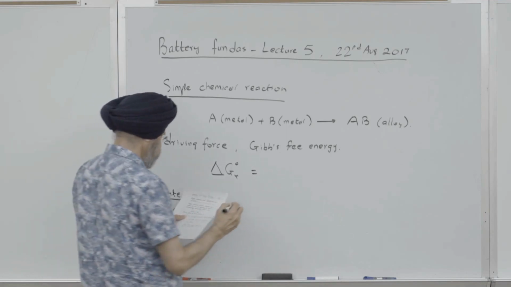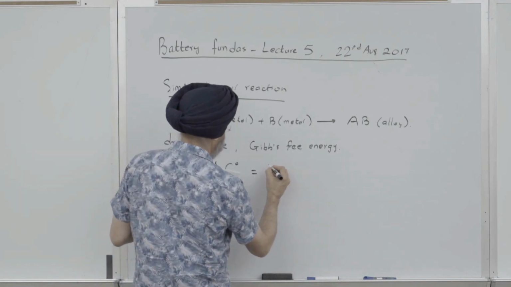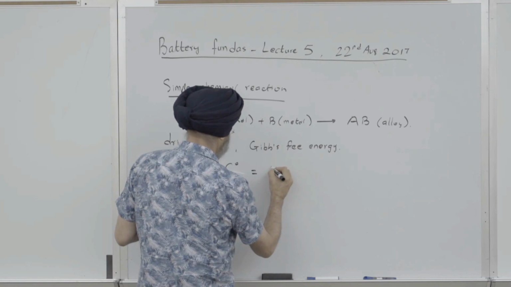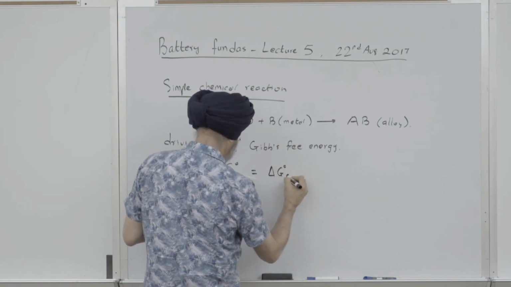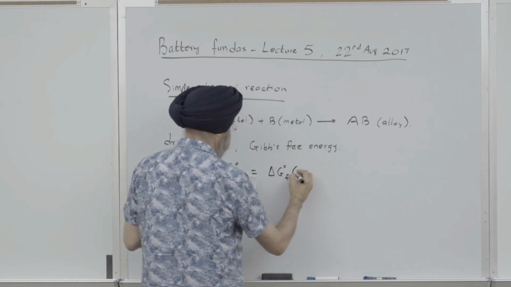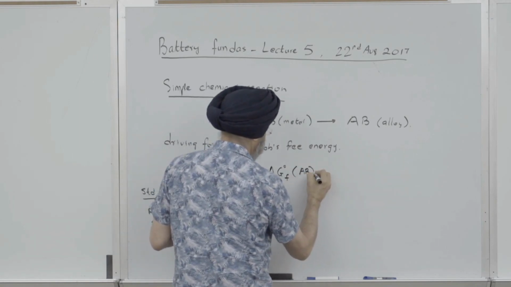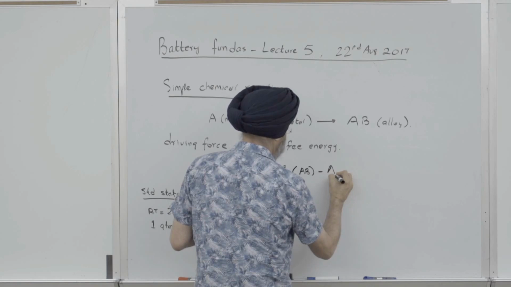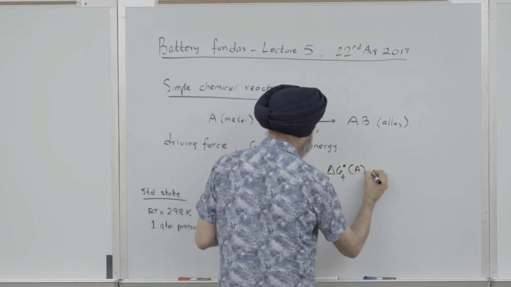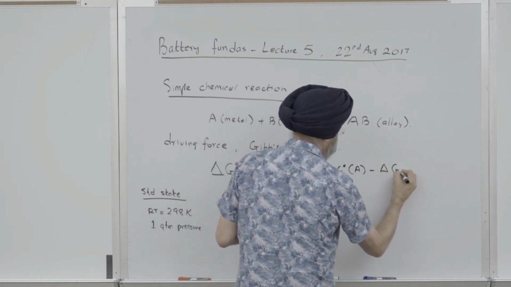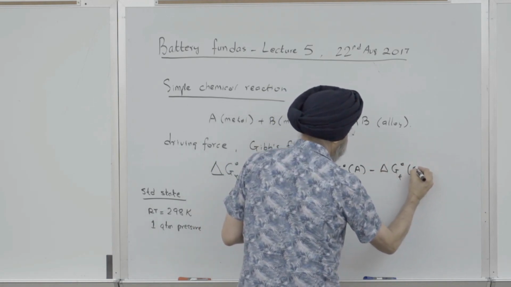So for this, the driving force will be the delta G naught of formation of AB minus delta G naught of formation of A minus delta G naught of formation of B.